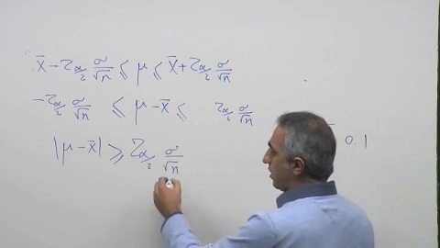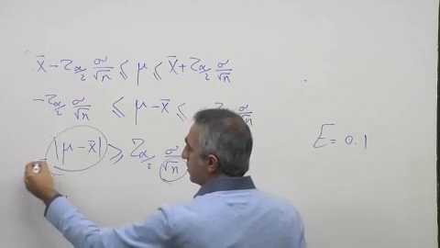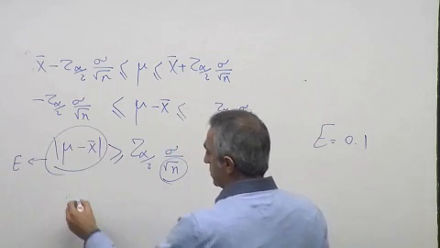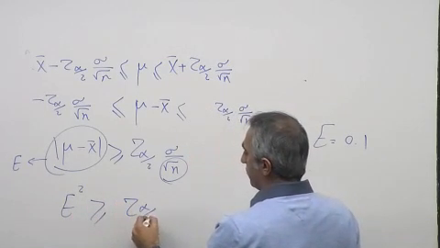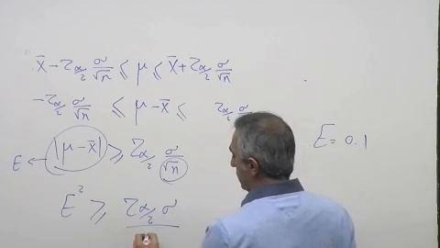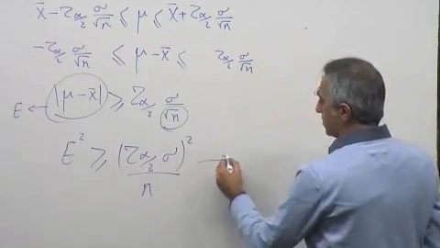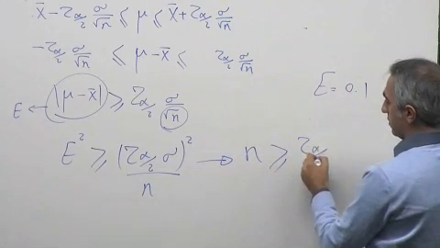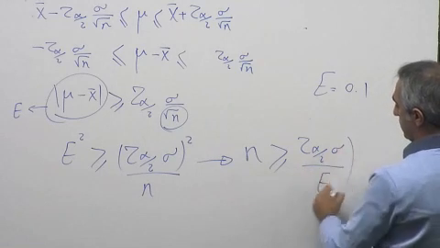So what should I do? I solve it for n. First, this is E, so let's take a square: z alpha over 2 sigma over square root of n, squared. Then solve it for n. n should be greater than this.